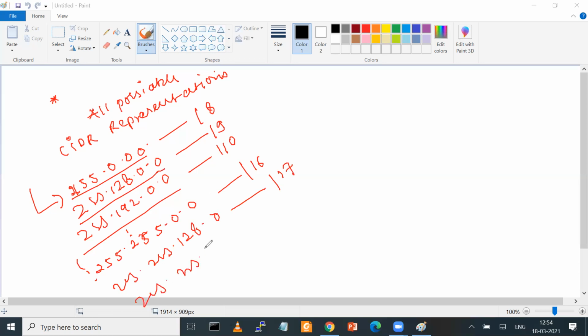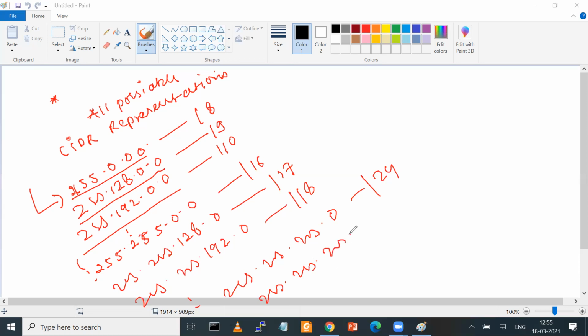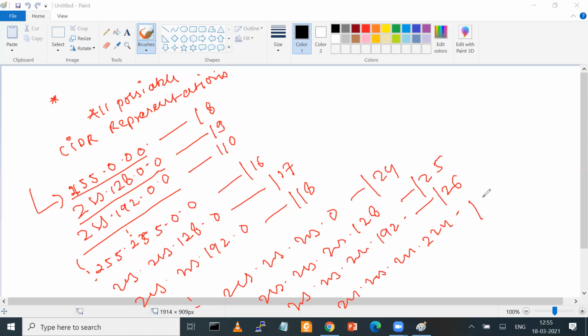Similarly, 255.255.192.0/18, 255.255.255.0/24, that's another value. In a very similar way, if I write another value which is 224, it is /27.